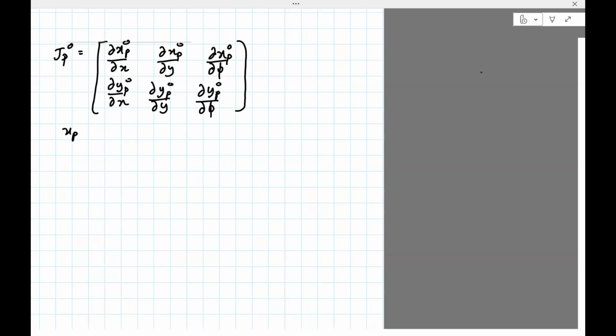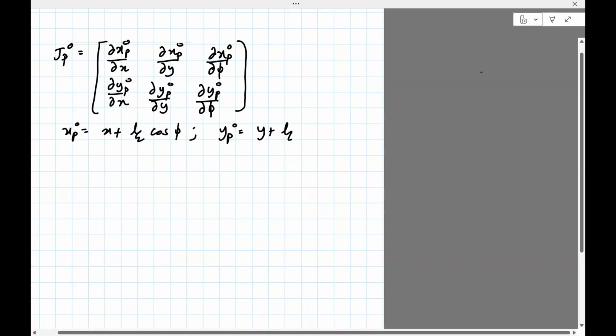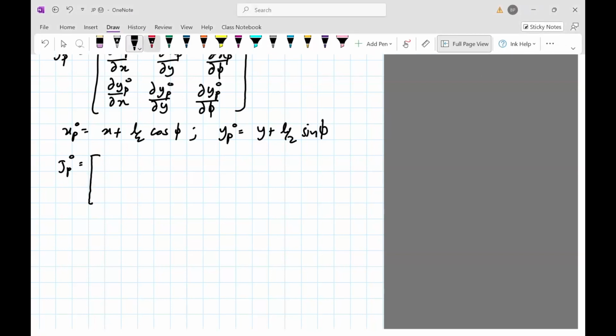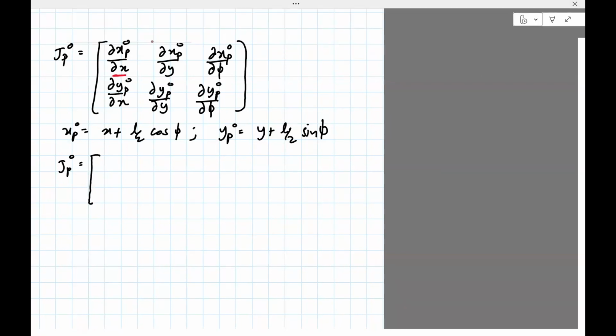Okay, so remember that xp0 is x plus L divided by 2 cosine phi, and then yp0 is y plus L divided by 2 sine phi. Okay, so using both these facts, what the definition of Jp is and then the value of xp, we can now start taking the derivative. So first, row 1, column 1, this one. So we take this expression and take its derivative with respect to x.